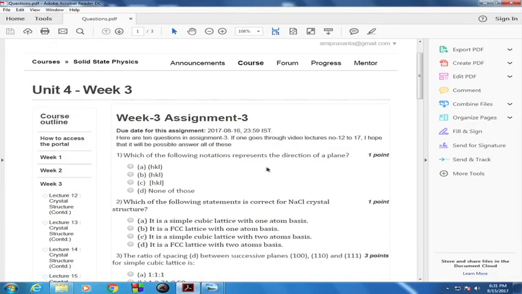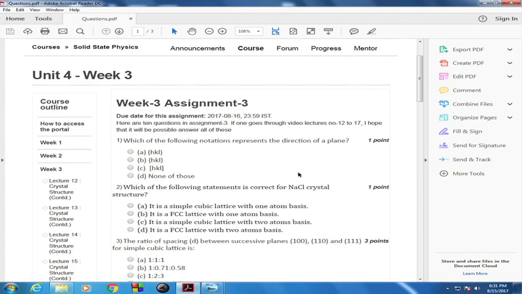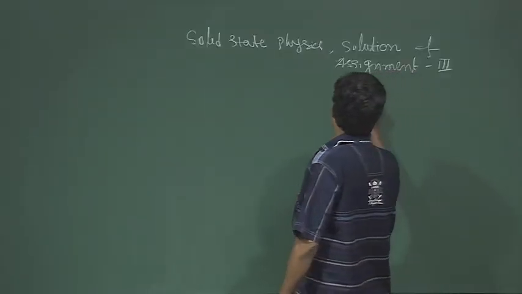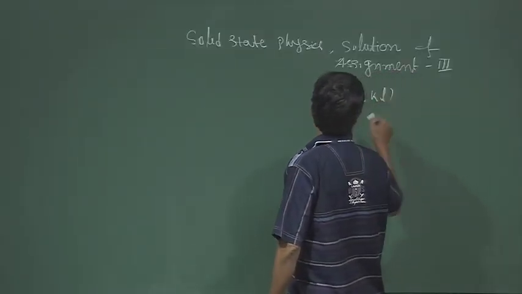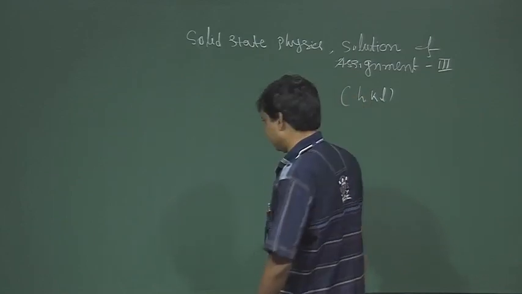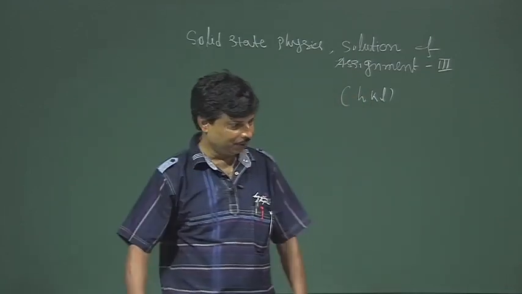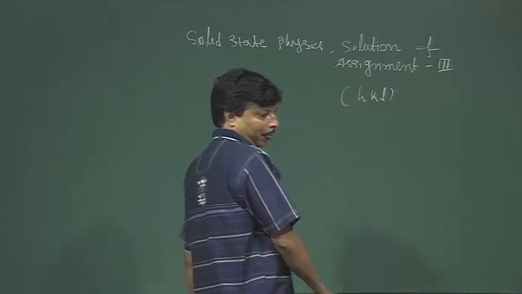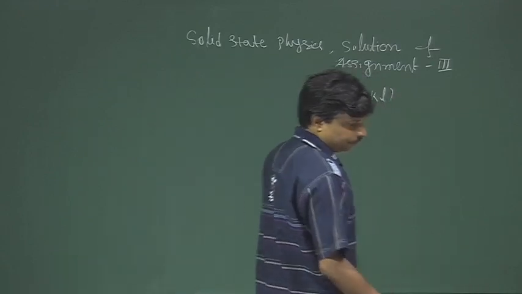Come to the question first. The first question: which of the following notation represents the direction of a plane? Some notations are given in options A, B, C, D. When written in the first bracket, it is the Miller indices, in the second bracket it is the family of planes, and the third bracket is the direction of the plane.